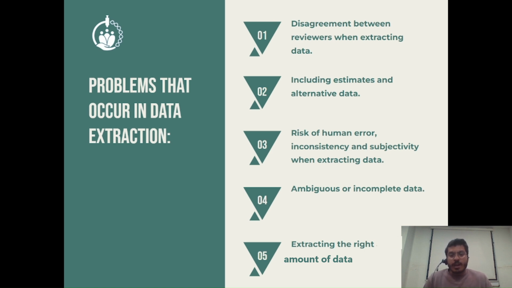But when you near the end of data extraction, you start to realize that certain outcomes, certain headings that you've extracted information for, will not be eligible for the study, because either they haven't been reported by multiple studies, they've been reported far too little, or they're not consistently reported, or they're reported in a way that can be interpreted differently.